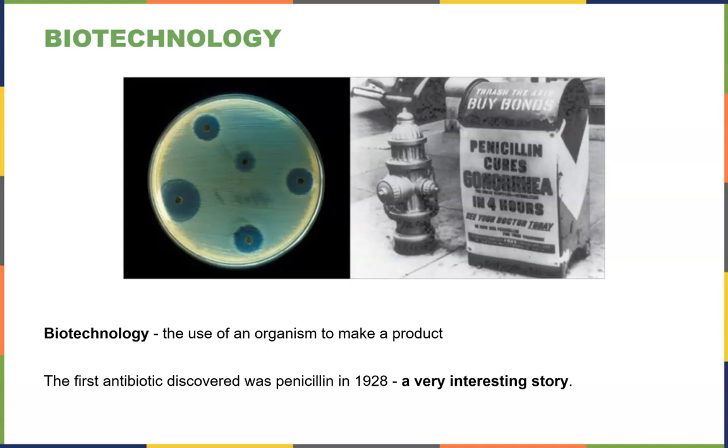You leave a petri dish in the open, mold is going to grow on it. But what he noticed was that where the mold was growing, there was no bacteria growing. He named the mold penicillin, and he was able to create the drug that we know today, just based off of that little discovery.